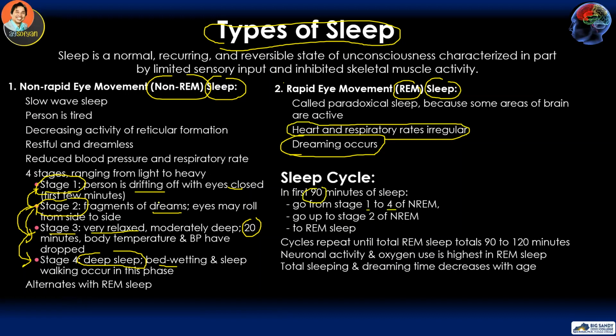Then they might go up to these fragments of dream, and then go to non-REM sleep again, or they might go to rapid eye movement sleep. The cycle will repeat until the rapid eye movement sleep totals about 90 to 120 minutes. So it's about 2 hours of REM sleep.